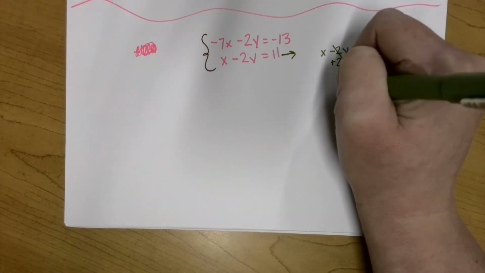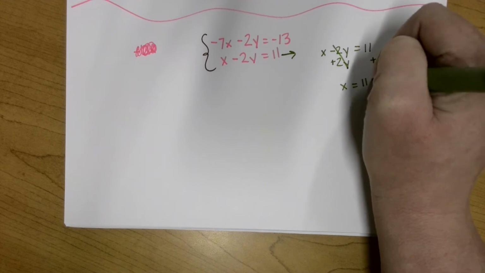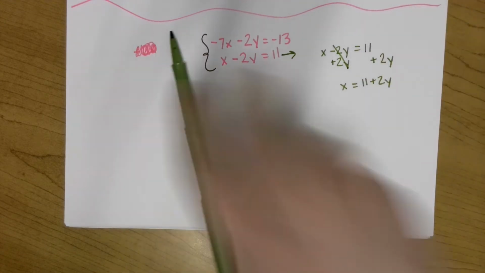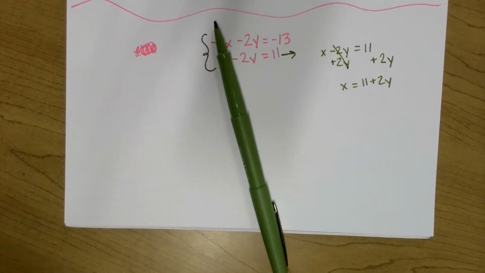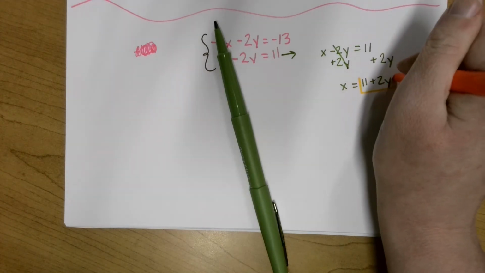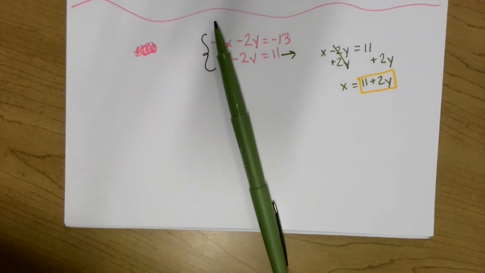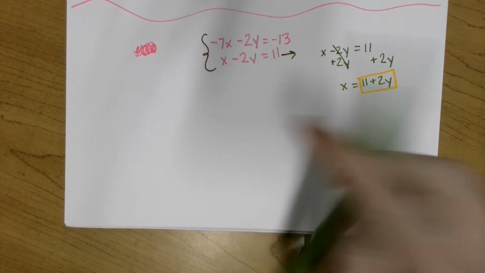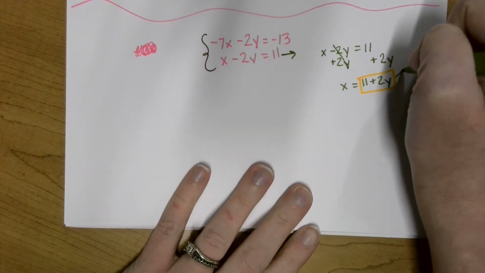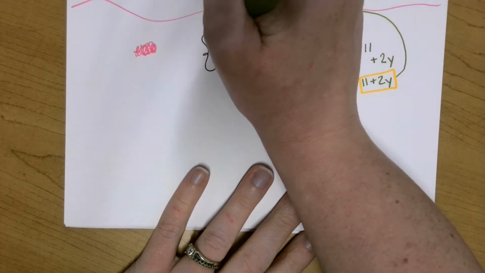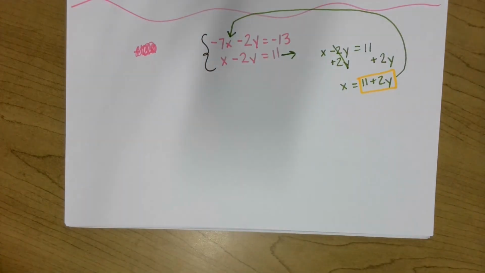These will cancel. I have x equals 11 plus 2y. And now I have what x is equal to. I have x by itself. And I have x equals some expression. So now that I know what x is equal to, I can take that and plug it in to x right there.